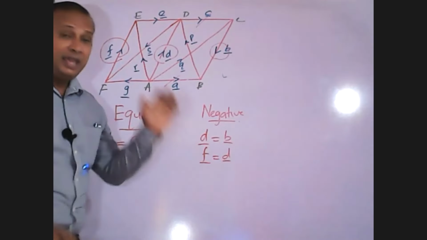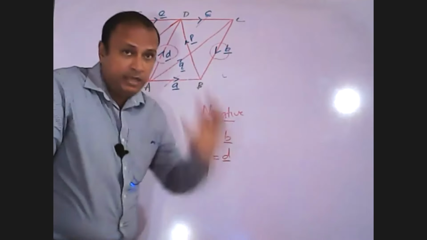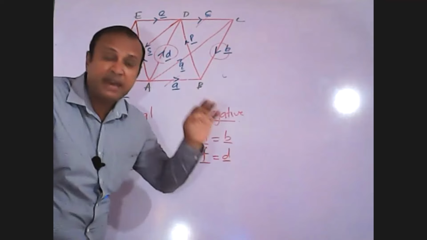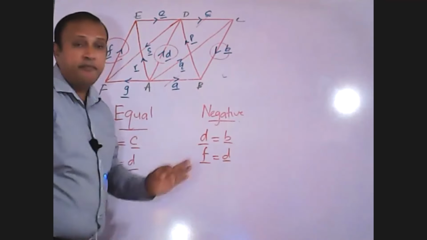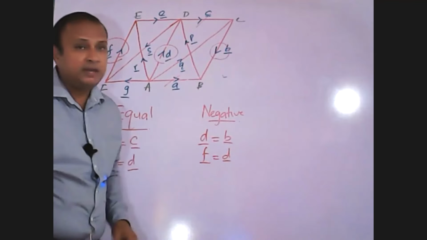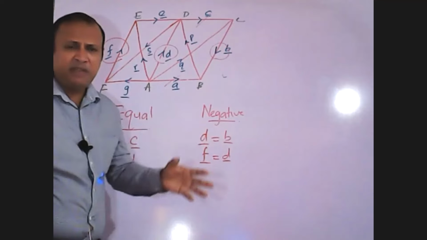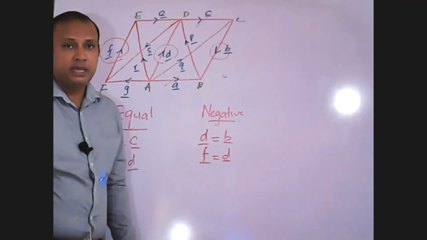If any vectors are same or equal or negative, both are parallel to each other. So compare the parallel vectors. Do not compare other vectors. Vectors should be parallel to each other.